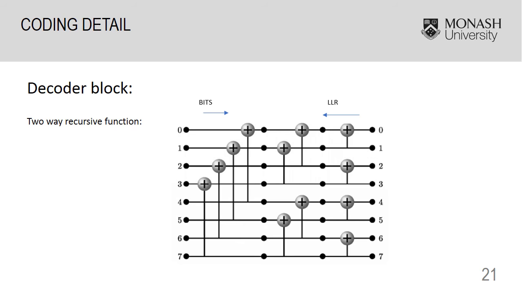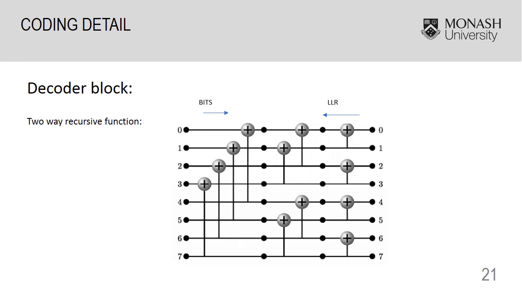The decoder will be using the two-way recursive algorithm below. On the left-hand side, the function will be using bits to calculate to the right, and on the right-hand side, it will be using likelihood to go to the left-hand side. The decoder function will also generate a d-hat array by constantly updating likelihood and bits.